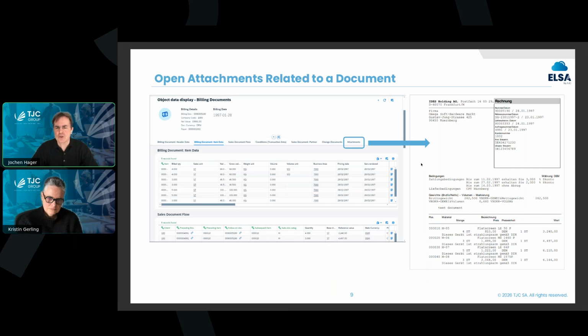We can also handle the integration of standard archive link or CMIS integrated content repositories, and in the process we also deal with any documents that are stored in the SAP database, extract those and make them available as attachments later on in your retrieval processes.